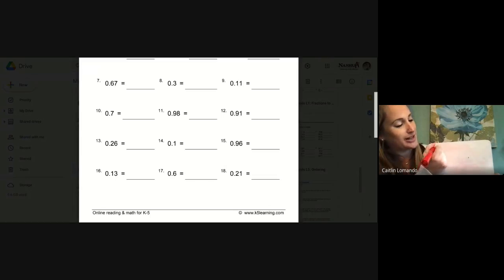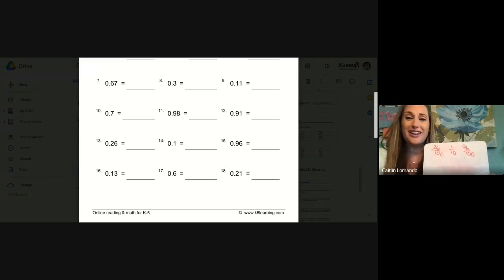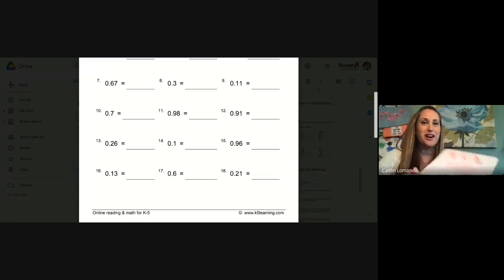So for number 13, we had 26 hundredths. For number 14, we had 1/10. And for number 15, we had 96 hundredths. Great job.